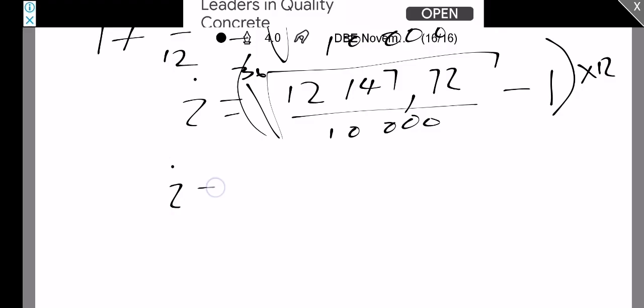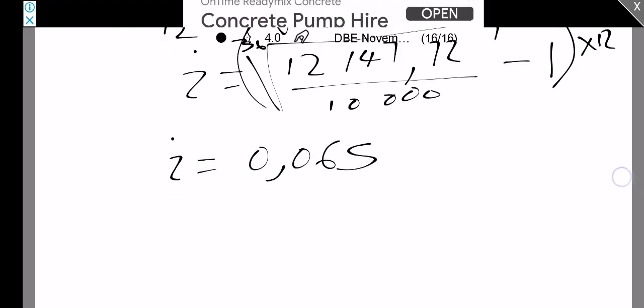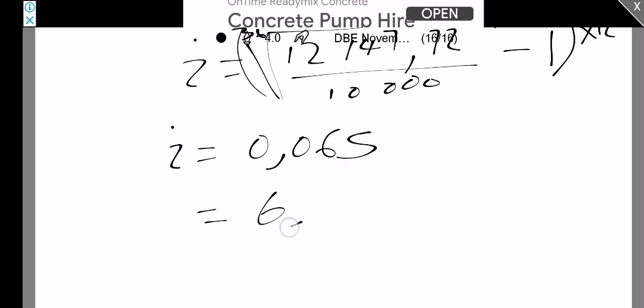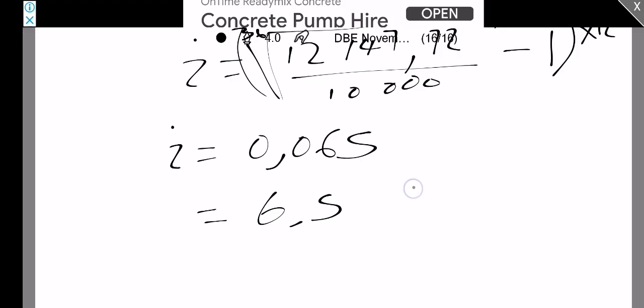So I equals 0.065. Then in percentage form, multiply by 100, it's 6.5%.